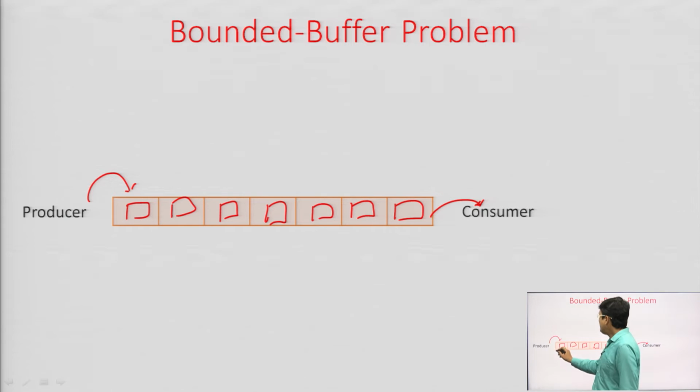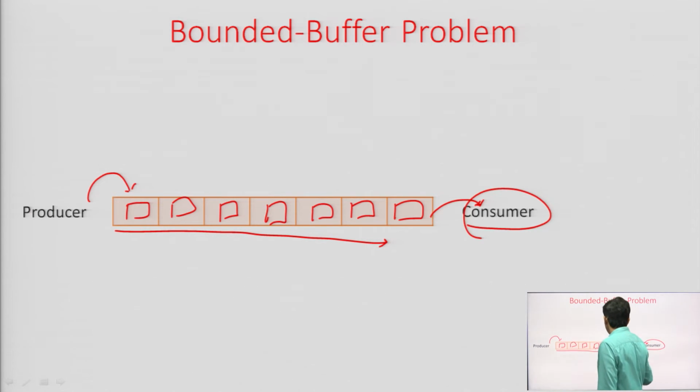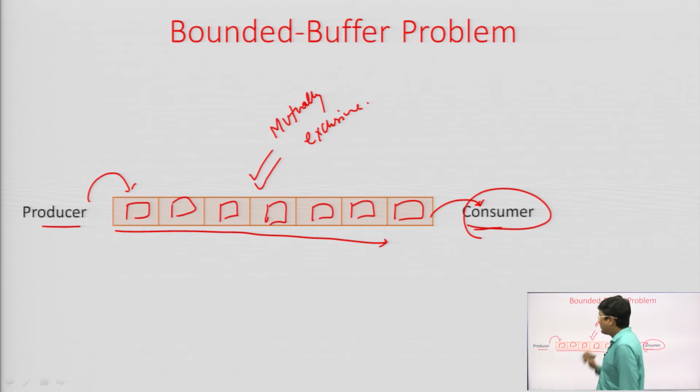So, there is a conveyor belt on which the produced items are kept, and from the conveyor belt the consumer is taking the biscuit trays. This is the place where someone is producing something and someone is consuming something. So, access to this conveyor belt should be mutually exclusive. So, this is the bounded buffer problem.